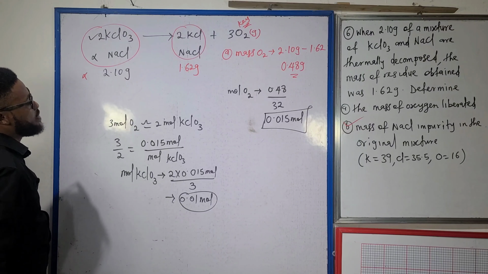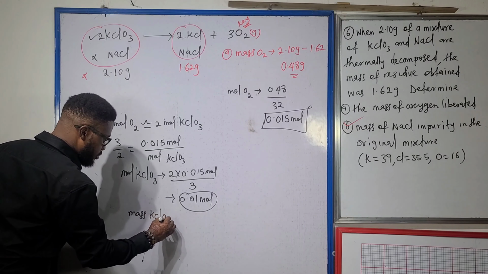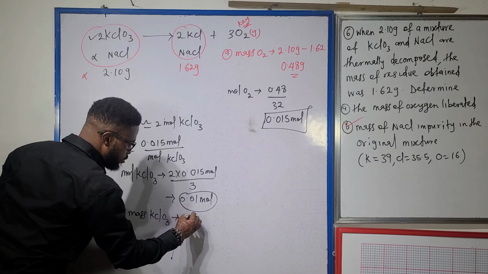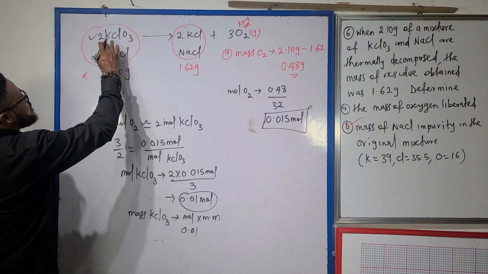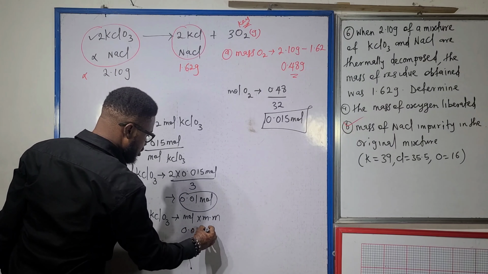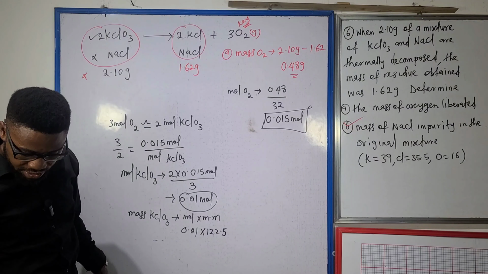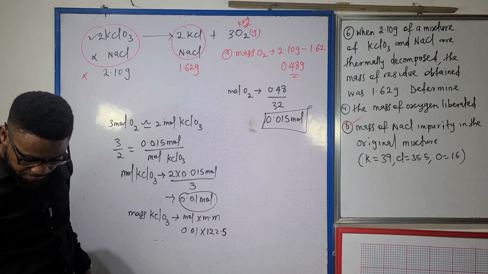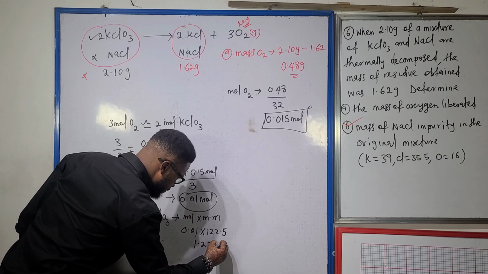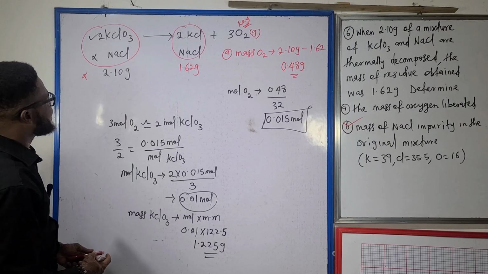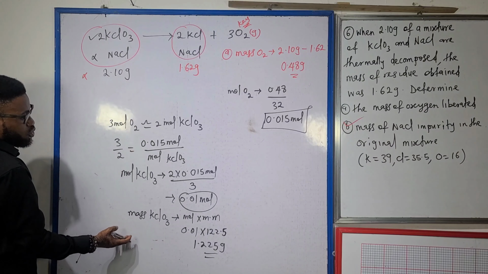So now that I know the mole of my KClO3, I can get the mass of KClO3. Mass of KClO3 is going to be mole times molar mass, and in this regard 0.01. Potassium chlorate(V), if you calculate, is 122.5. So 0.01 times 122.5, you're going to get 1.225 gram. So which means that out of this 2.10 gram, potassium chlorate(V) was 1.225.